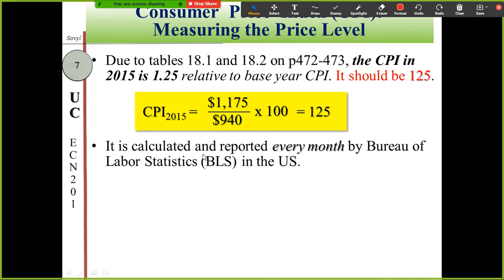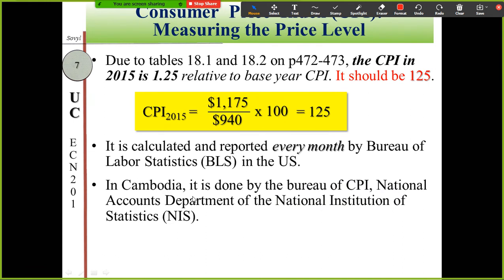It is calculated and reported every month by the BLS in the United States. However, in Cambodia, it is done by the Bureau of CPI, National Accounts Department of the National Institute of Statistics, NIS.